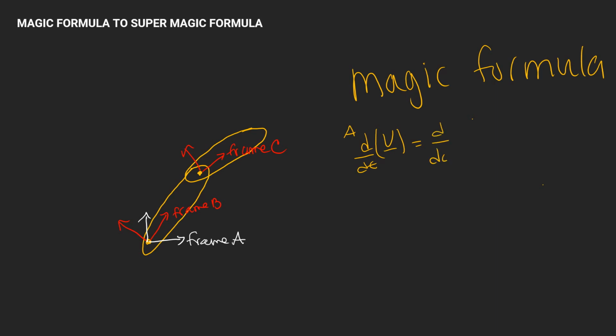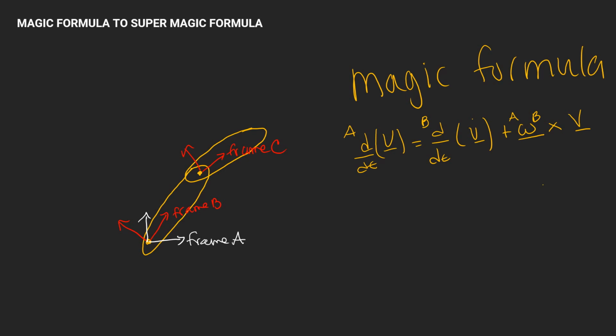The time derivative of that vector, say vector V, is written in terms of frame B, so you take the time derivative of that vector in frame B, plus you take the cross product between the angular velocity of frame B in frame A and the vector itself.